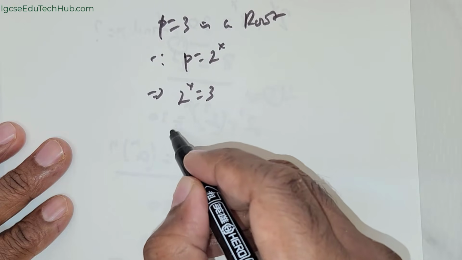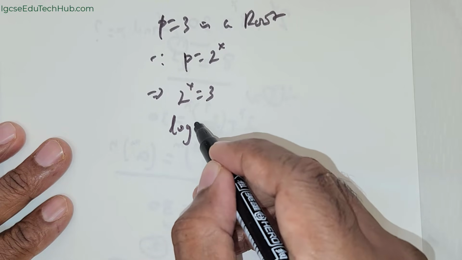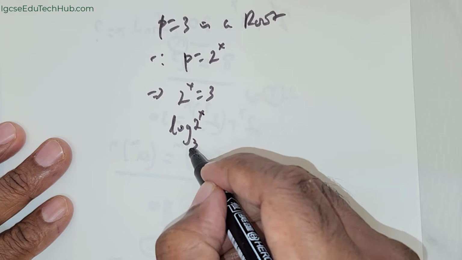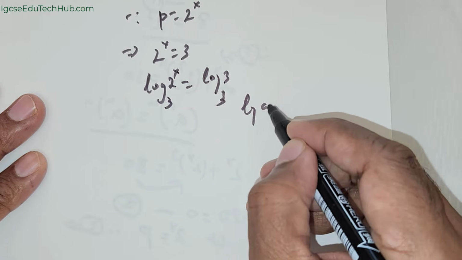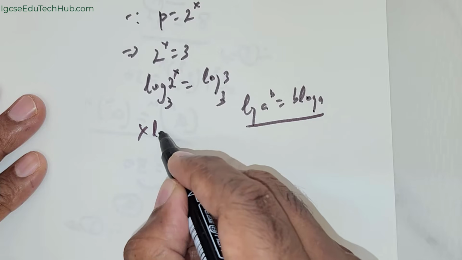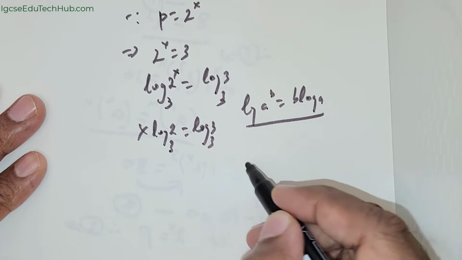But we need x, so you take log on both sides. I will take log to the base 3. So log of 2 raised to the power of x to the base 3 is equal to log 3 to the base 3. Now there is a formula: log a raised to the power of b is b times log a. So this is x times log 2 to the base 3 is equal to log 3 to the base 3.